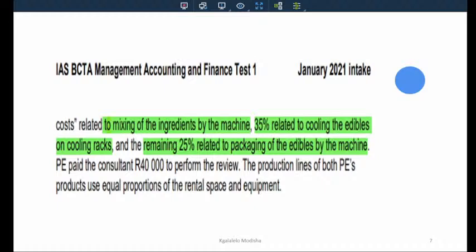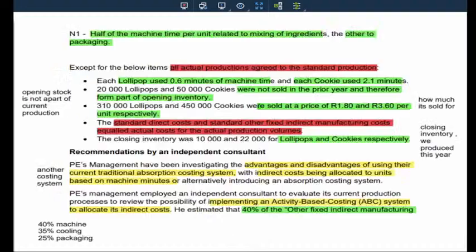So don't you agree that these are my costs and my cost drivers? So for mixing, what do you think is my cost driver for mixing? The mixing time. So, but then what drives the mixing time? The machine, right?